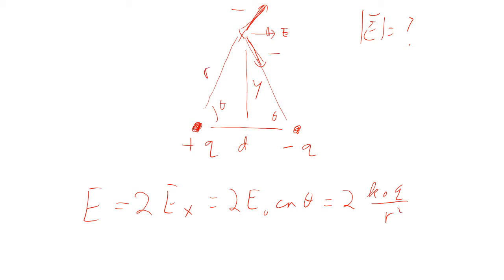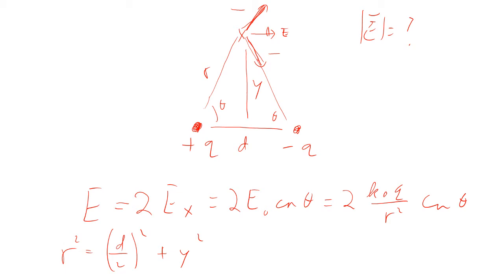So what is r? Well, in fact, we don't even have to take the square root. We can just use the Pythagorean theorem: r squared equals (d over 2) squared plus y squared. And we look at that and say, okay, that's cool. Now, cosine theta.